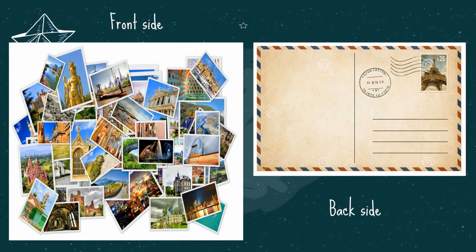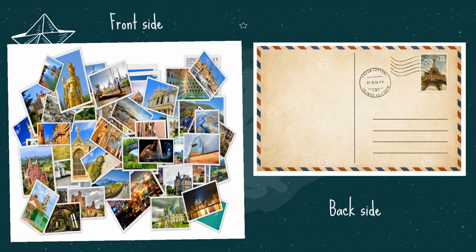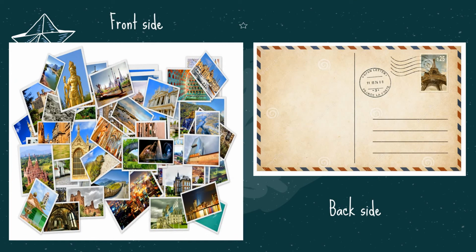If you can see here, this is the front side of a postcard. They usually have pictures of a famous landmark or a famous place from the country that we visit. For example, if we visit Jakarta, then the postcard that we can find in Jakarta will have a picture of Monas Tower.